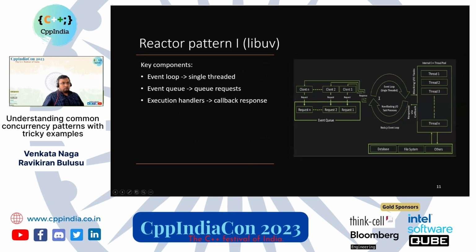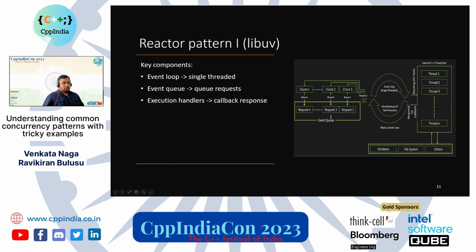This event loop is single threaded, and in case it's a blocking IO task, it will create a thread pool and assign those tasks. Once the response is done, they will call back, and it will intimate the client with the response. This complete infrastructure is provided by libuv in general.